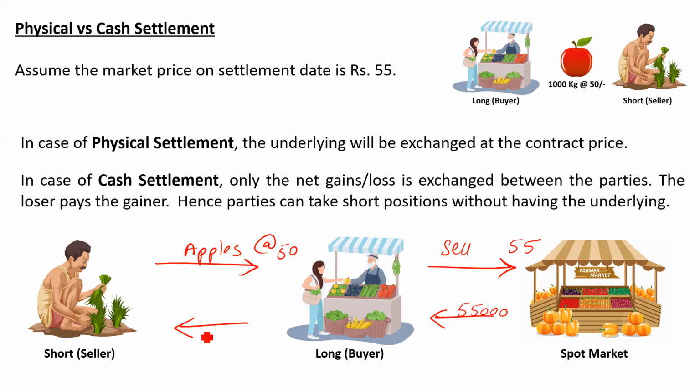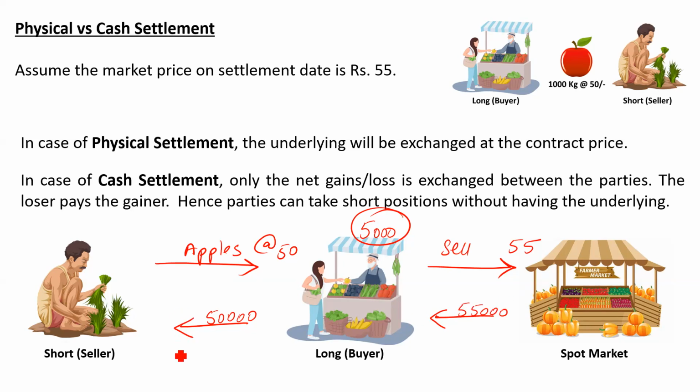How much does he have to pay? He has to pay 50,000 under the contract. So in short, the wholesaler is earning 5,000 rupees from this transaction. The farmer is selling the apples, the wholesaler is paying him 50,000, the wholesaler is selling it to the retailer and he is making a profit of 5,000.